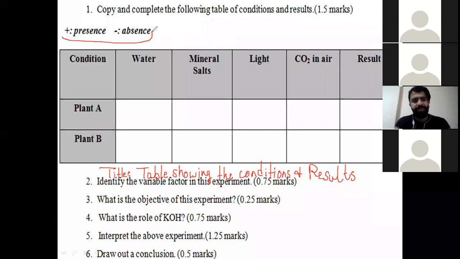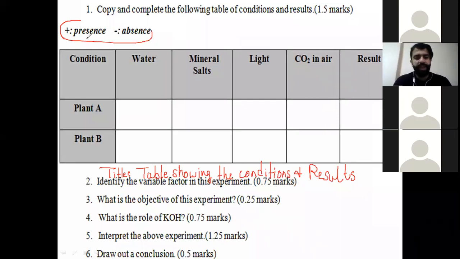We have to put the legend. Plus means presence and minus means absence. So these are needed for the table. We need to put the title and we need to put the legend. Plus means presence and minus means absence.